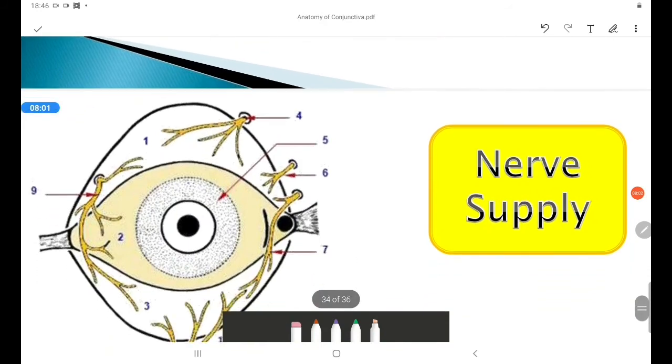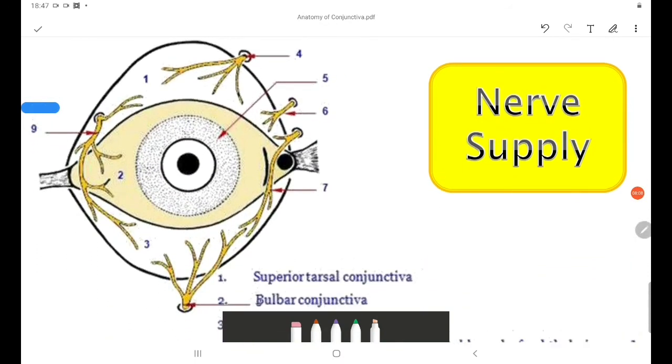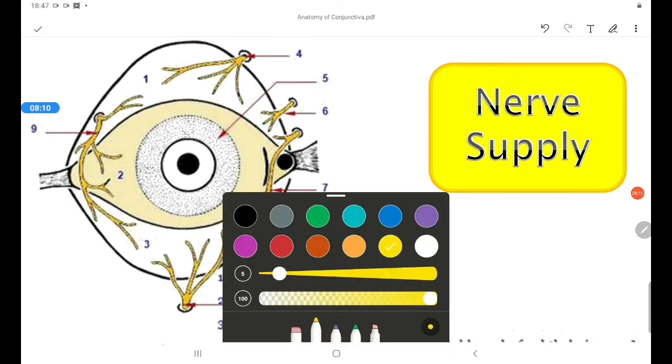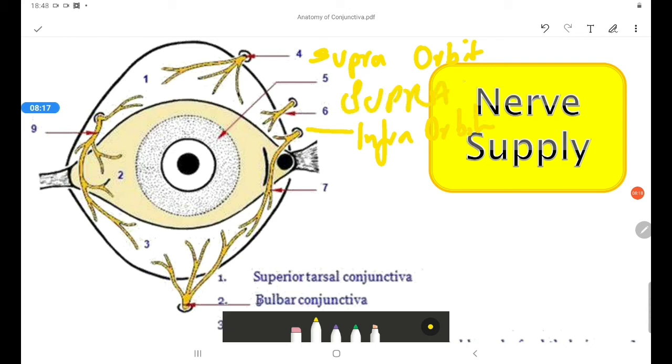Now coming finally to the nerves, you should know that with regard to the nerve supply, this is the supraorbital, this is the infraorbital, and this is the supratrochlear.